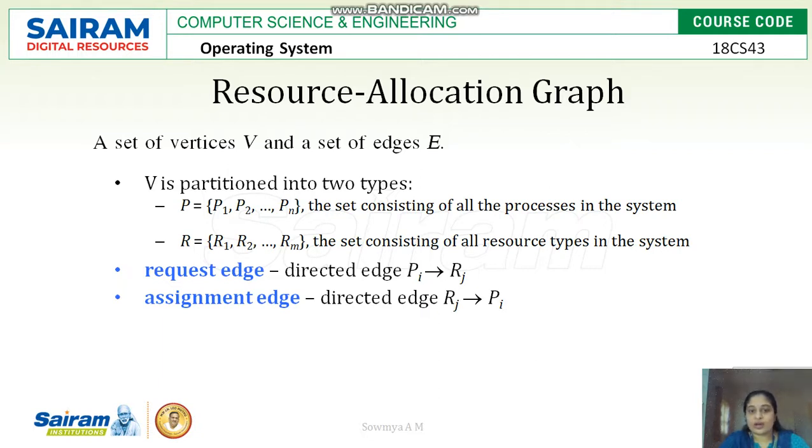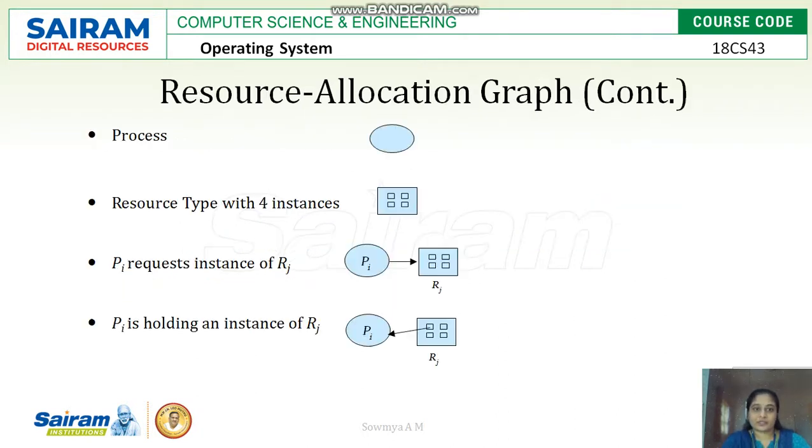And if you draw a directed edge from the resource to the process, it means assignment of the resource to that process. The process entity consists of P1 to Pn set of processes, and resources may be from R1 to Rm resource types.